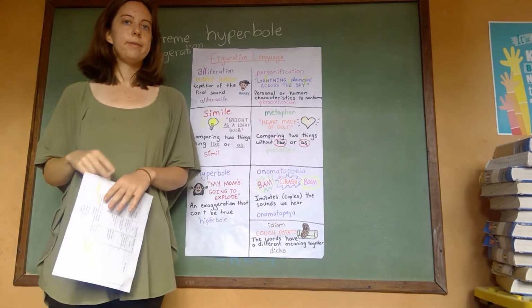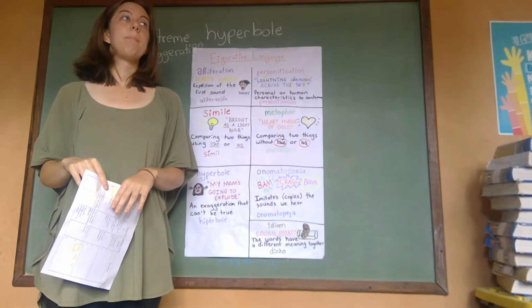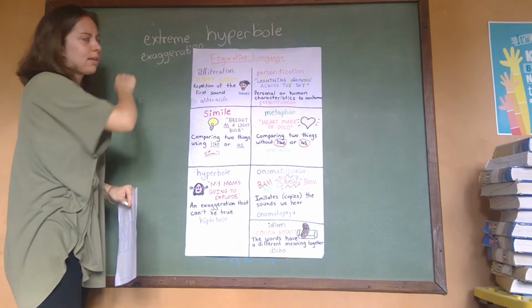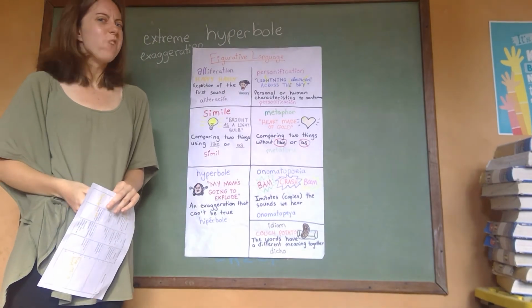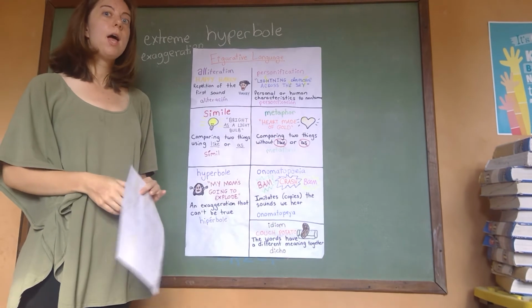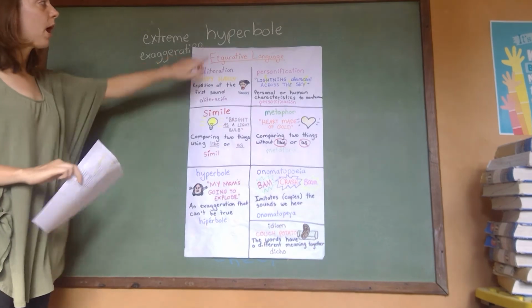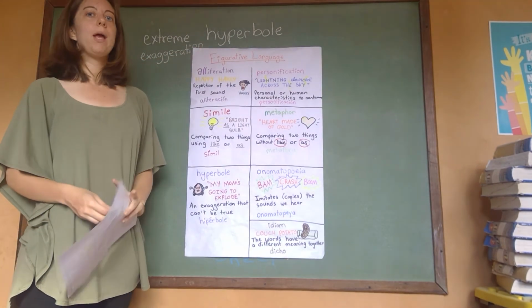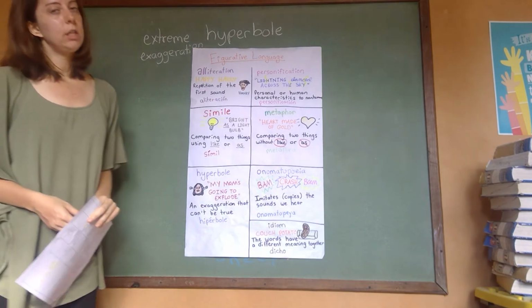Let me give you an example. I slept a long time last night. Is that an extreme exaggeration? No, it's just kind of a normal, little bit boring of a sentence, right? I want to make it a little bit more exciting, so I'm going to use a hyperbole. I slept for 2 days straight without waking up. Now, is that really true?